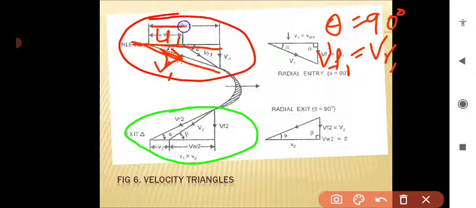So the total velocity is the whirl velocity Vw1.